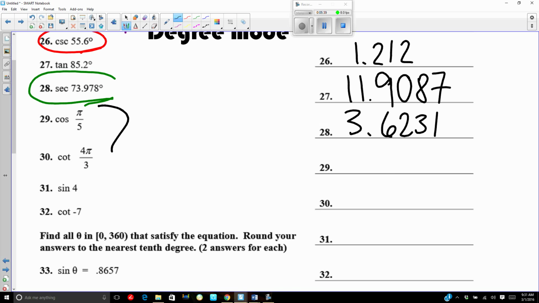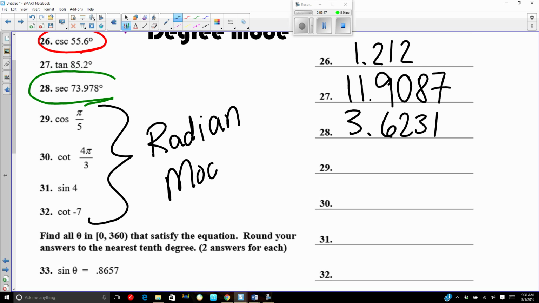To do these problems, the calculator needs to be in radian mode. Or you can convert the radians to degrees and then do it just like you did 25 through 28.